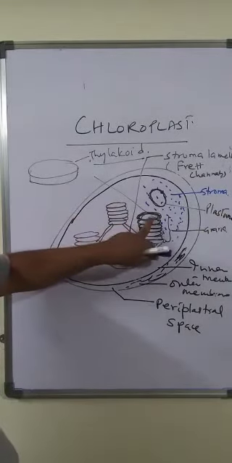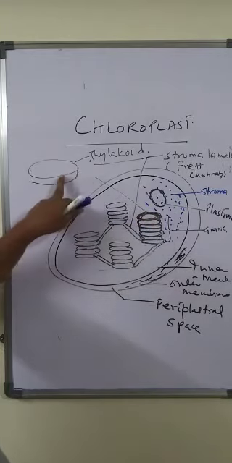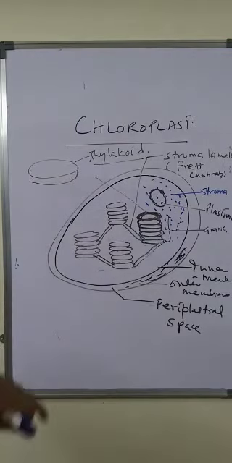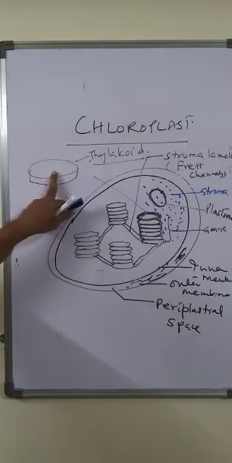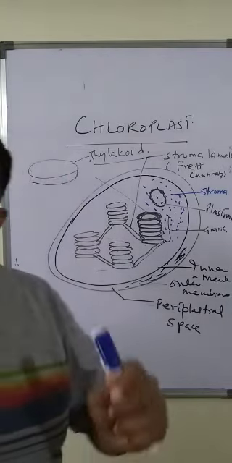Okay. I just told you that this membranous structure is known as thylakoid, and inside this thylakoid, groups of chlorophyll pigments are present.